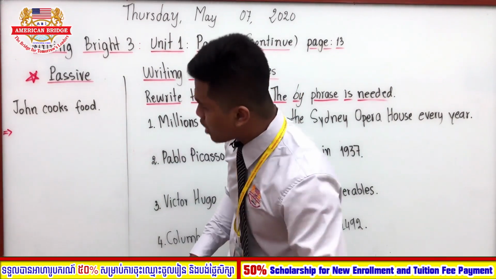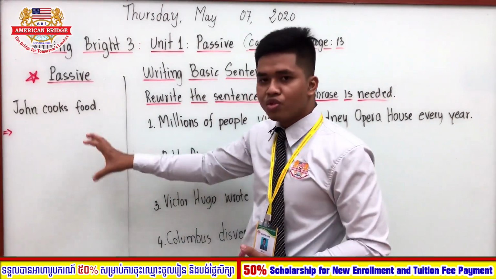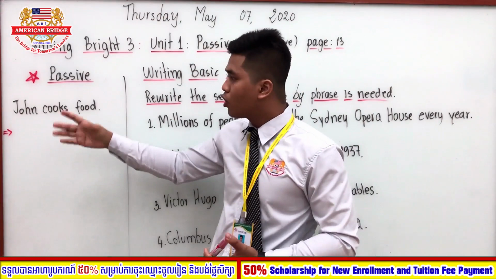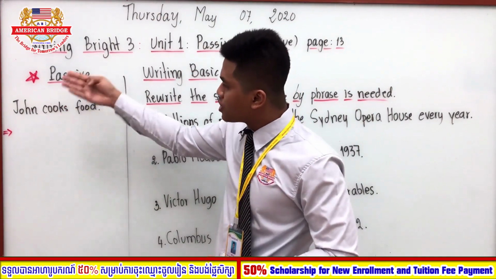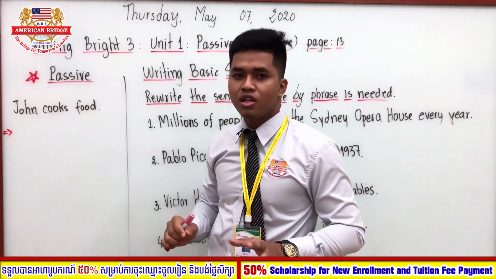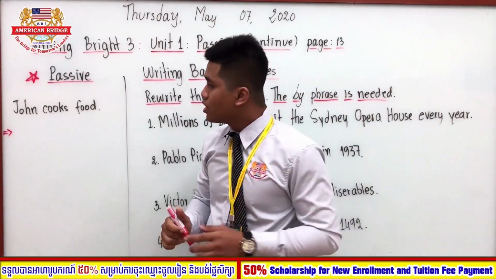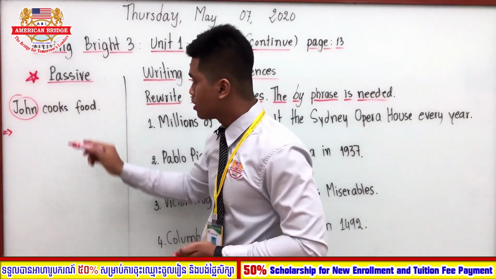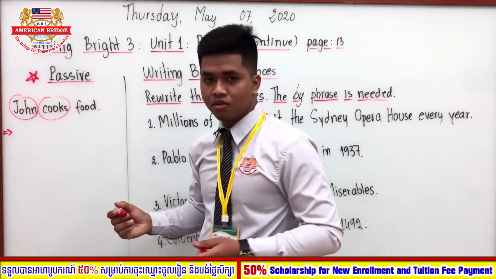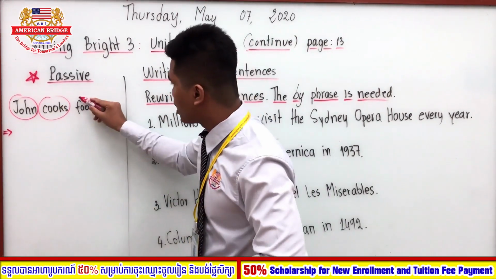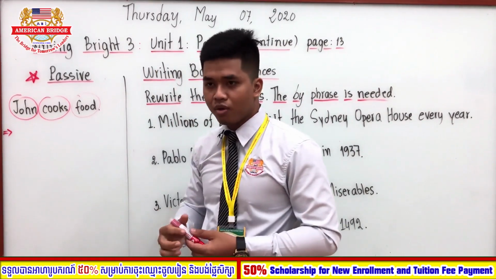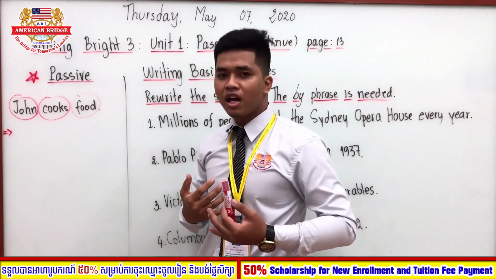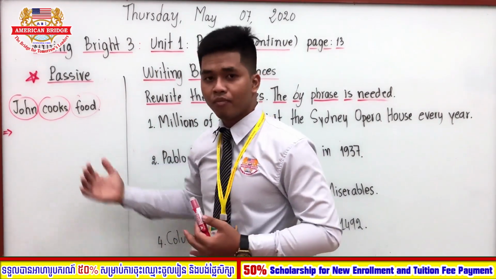So the first step that we can use to change from active to passive is to look for the subject, the verb and the object in our active sentence. So now let's see, John is the subject, cooks is the verb, and food here is the object, which means it receives action from the verb.